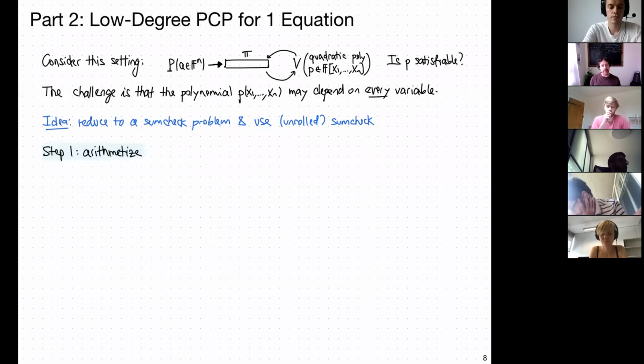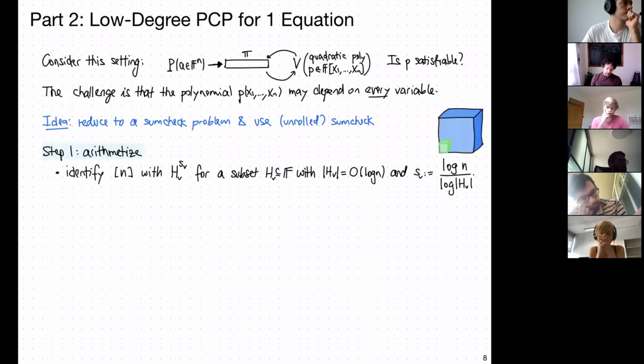Let me remind you, sum check tells us something nice. If we're looking at a problem that can be expressed as checking that some low-degree polynomial is equal to 0 in a certain cube, so we have a cube and we want to know that the sum of the elements in this cube is 0, then we have this amazingly efficient sum check protocol.